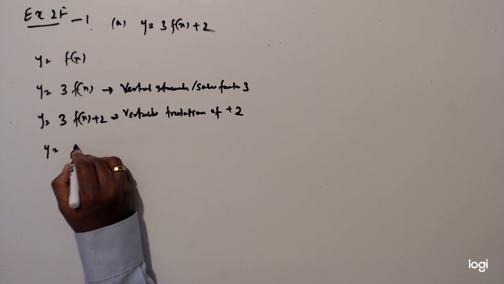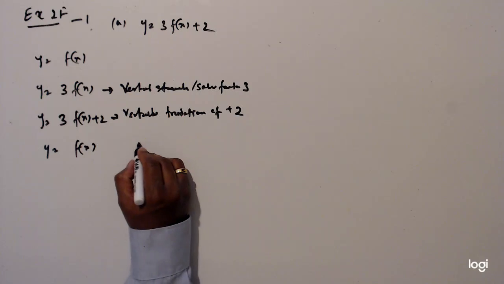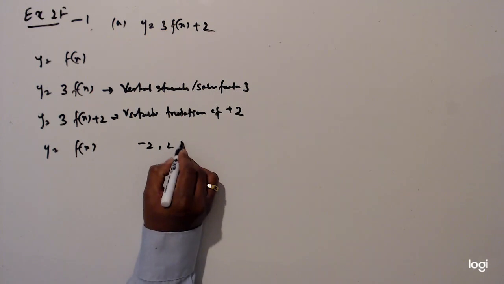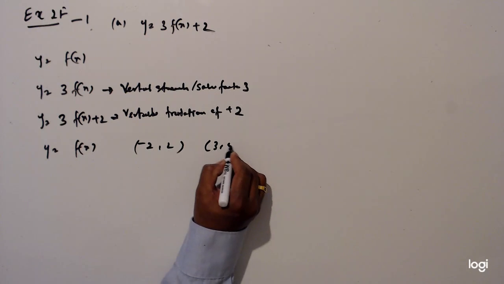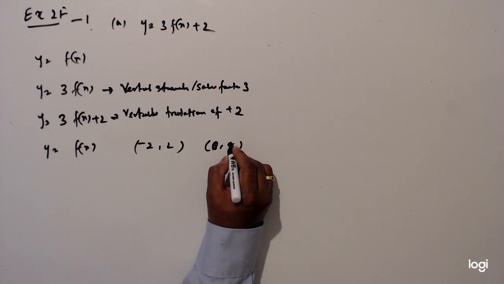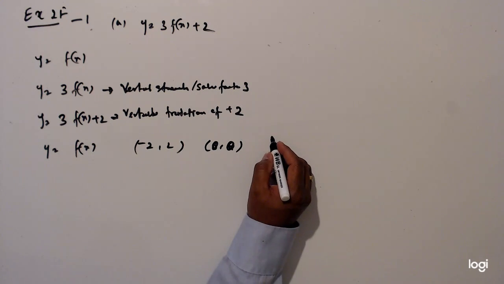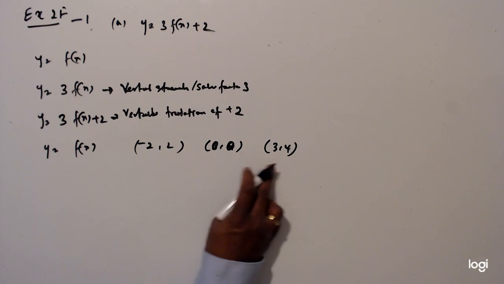So y equal f(x), we have points (-2, 2), (3, 4), and (0, 0) and (3, 4). So this is the original graph f(x).